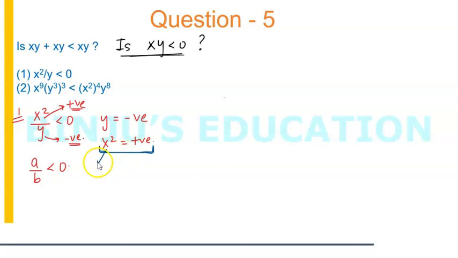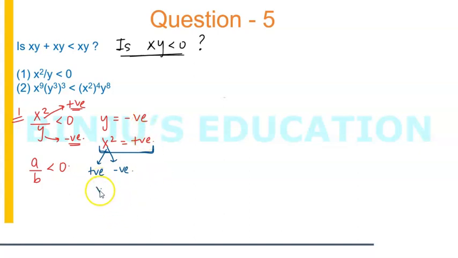No. X can be positive as well as x can be negative. Both of them are true. Negative square is also positive. So do we know for sure that x is positive or negative? No, we don't know that.